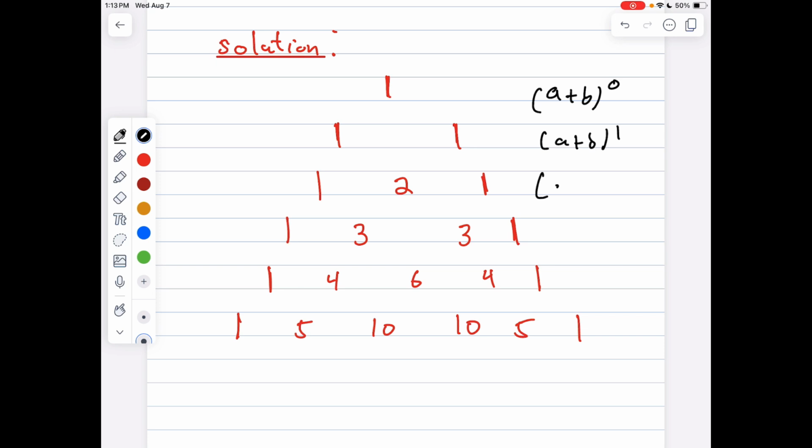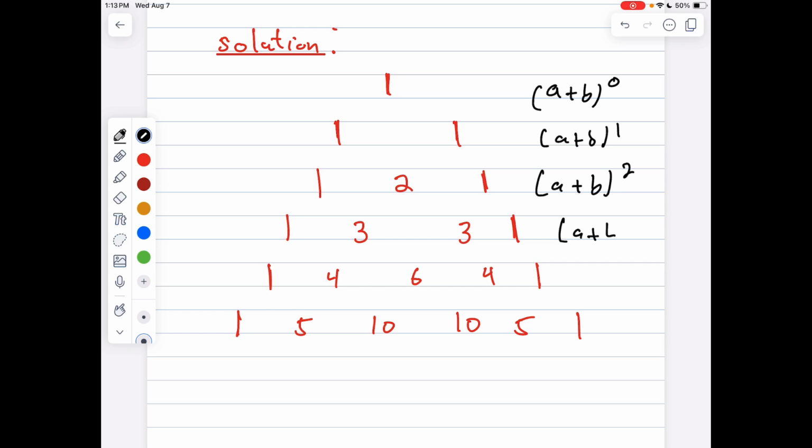The third row is a plus b squared. The next row is a plus b to the third. The fourth row is a plus b to the fourth. And then finally a plus b to the fifth. So the numbers themselves represent the coefficients of the terms that you're going to have.